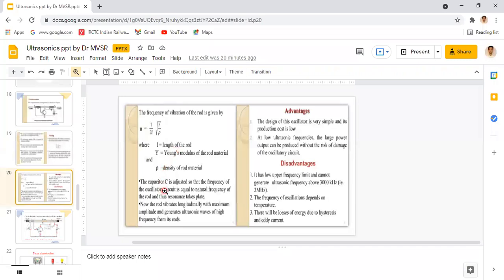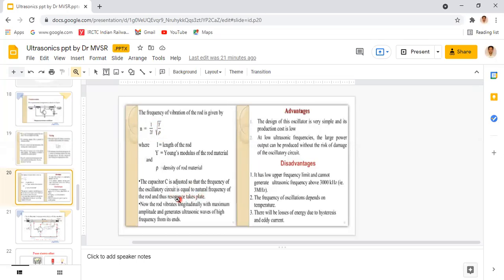The capacitor C is adjusted so that the frequency of the oscillator circuit, 1 by 2 pi square root of L1C, is equal to the natural frequency of the vibrating rod, 1 by 2L into square root of Y by rho, and thus resonance takes place.